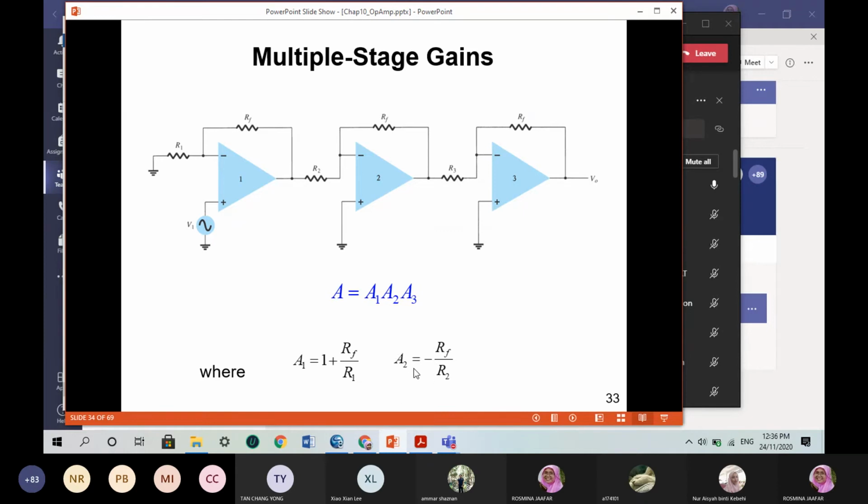So A2 is an inverting amplifier, and this is a non-inverting amplifier. So the first one will be 1 plus RF over R1, whereas the gain for the second amplifier and the third will be the same. The output of the first stage amplifier becomes the input to the second stage, and the output of this one becomes the input to the third stage.